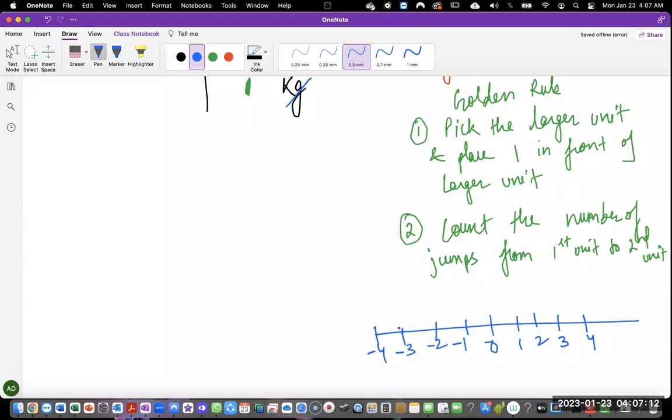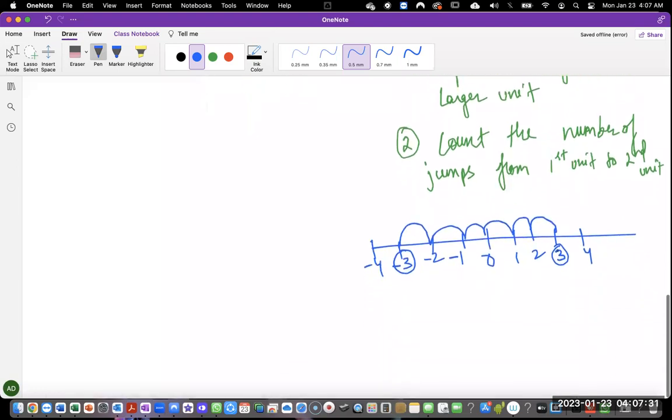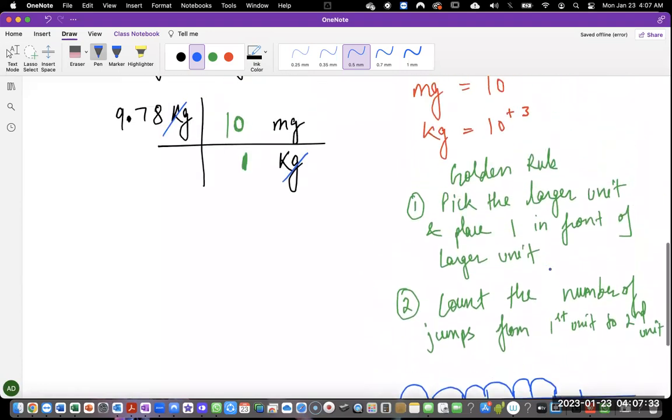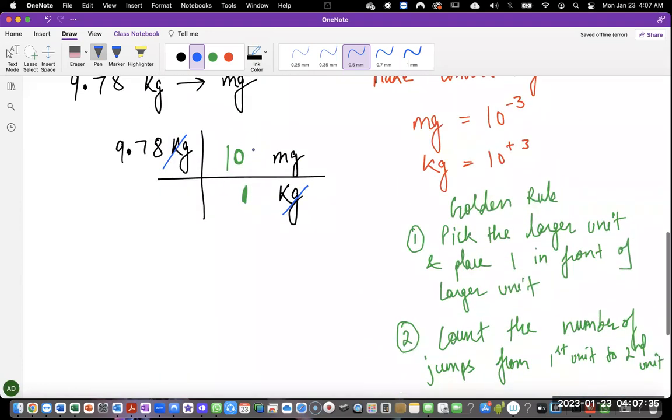So one of the units is -3. The other unit is +3. So you just need to go and count the jumps. So this is 1, 2, 3, 4, 5, and 6 jumps. Okay, so it's 6 jumps. So the number of jumps, we got 6 jumps. That's the number you're gonna be placing here.